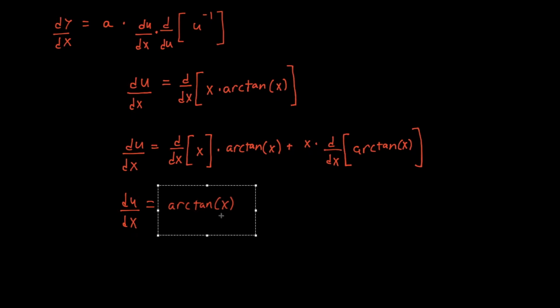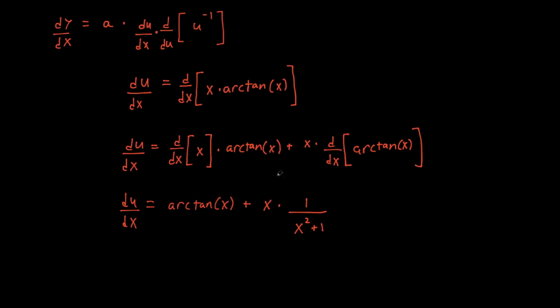Move this over, give us some room to work. Plus x times, and we worked out in the main derivation video that the derivative of arctangent is equal to 1 over x squared plus 1.